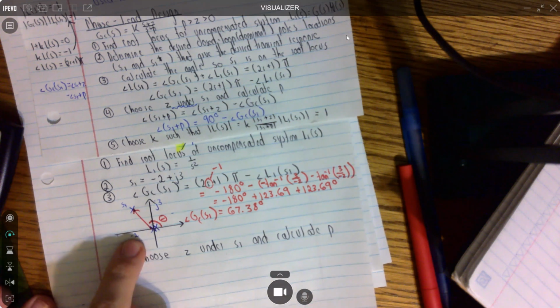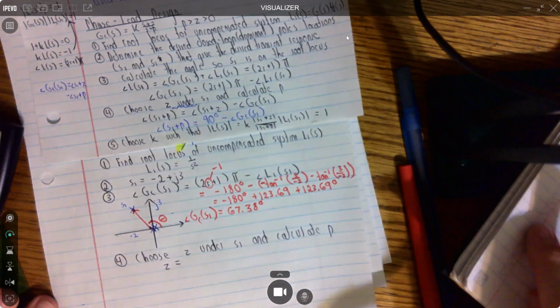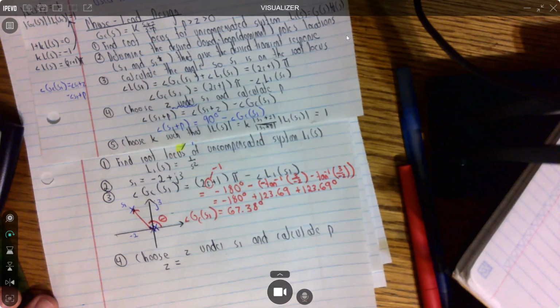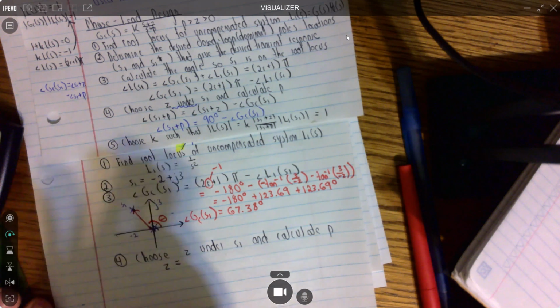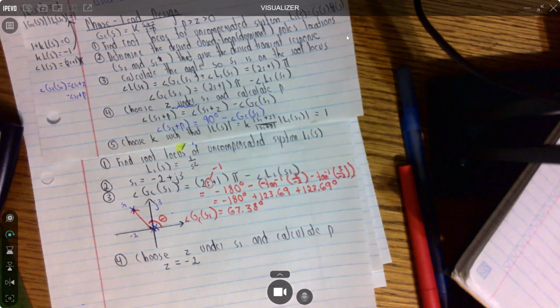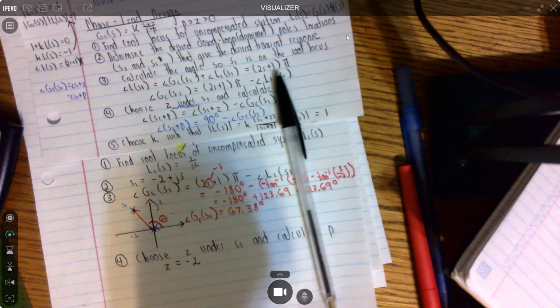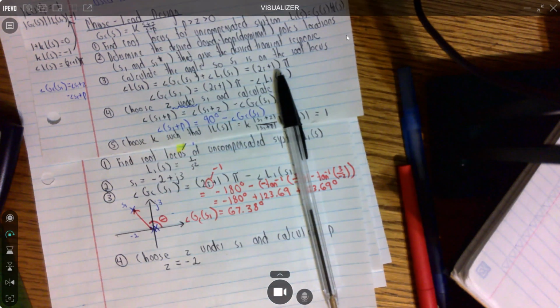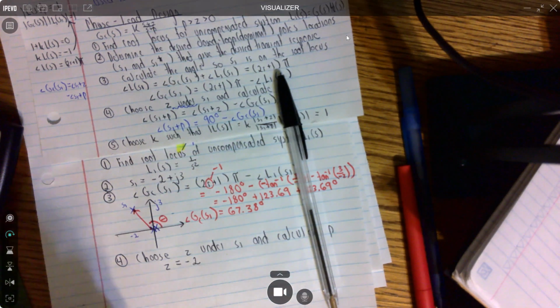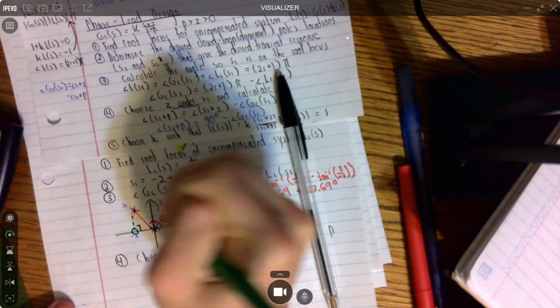So we're going to let Z equal, if we do that, Z specifically will be -2. So it's right under that root locus. And so the dominant pole right here, we're going to choose our 0, let me do it in a different color, right under our S1 point. And the nice thing about that is that the angle here is going to be 90 degrees.